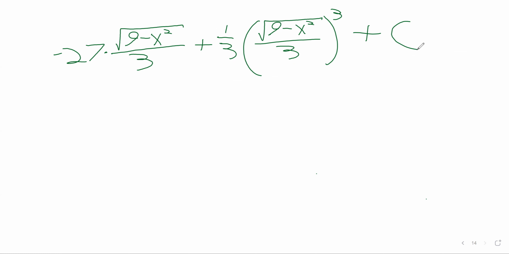I mean, 27 divided by 3 is just 9. So this could become negative 9 times that square root.